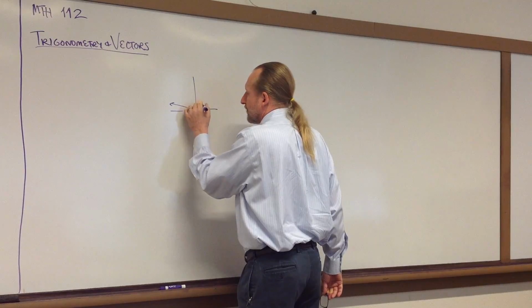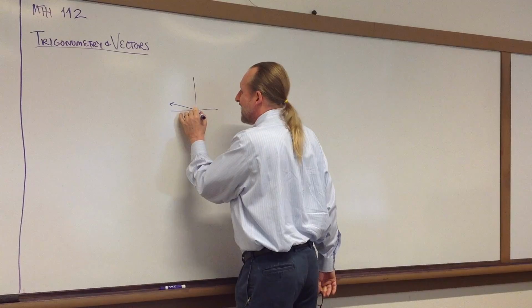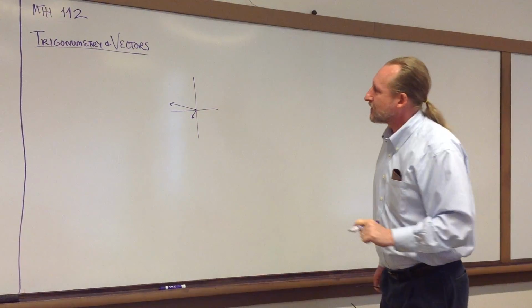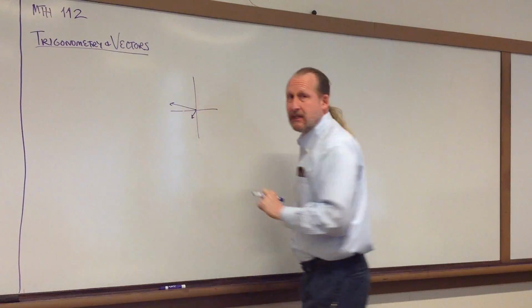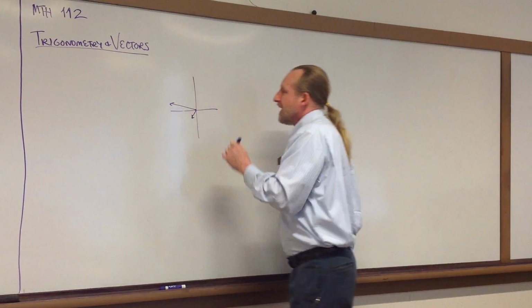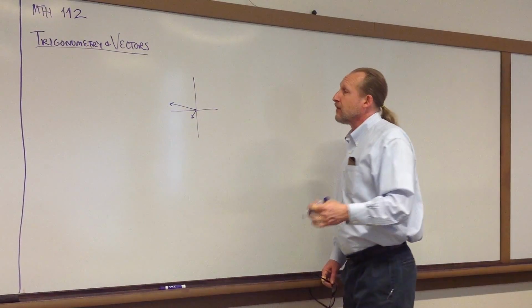Again, I'll talk more about that as we look at the problems. The general idea, so if this vector represents the airplane's path and speed, so it has a magnitude and direction, which makes it a vector, then this vector here would represent the magnitude and direction of the wind.